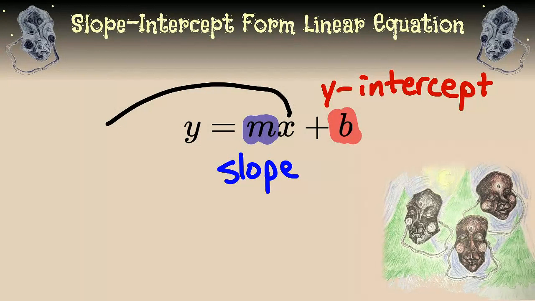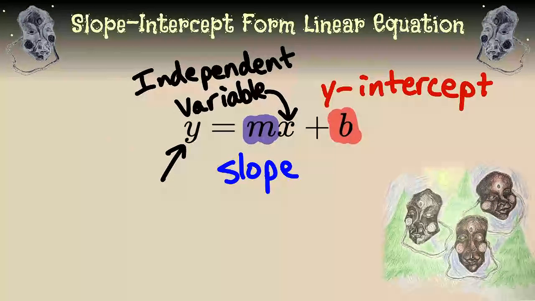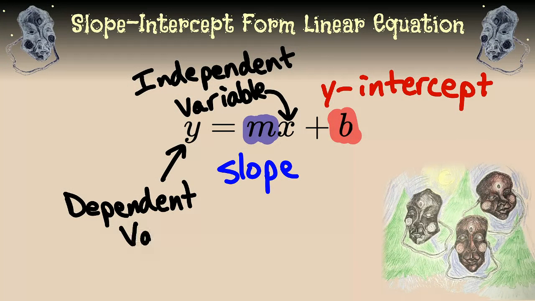Actually, let me break them apart because this is our independent variable. Holy cow, it's our independent variable. I hope someone was going to correct me on that. And our y is our dependent variable. So that's the general form of a linear equation in slope-intercept form. So you get the slope and you get the y-intercept.